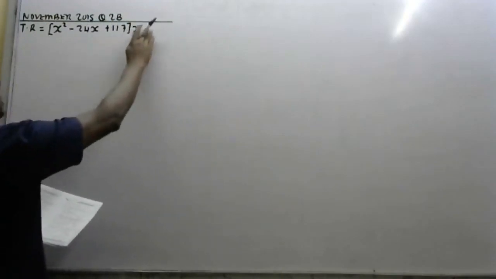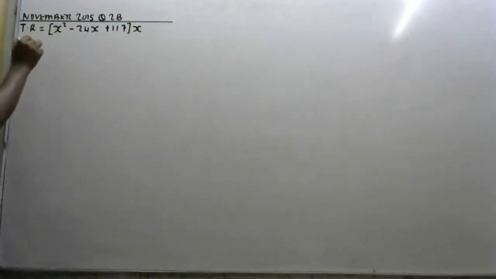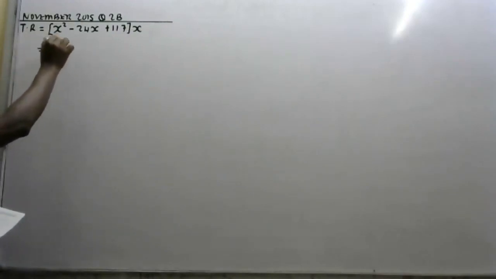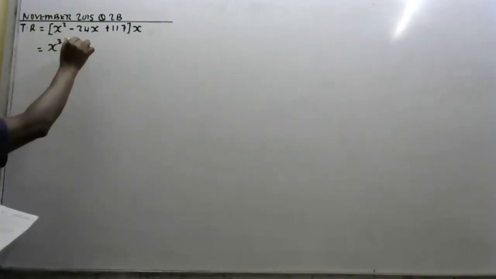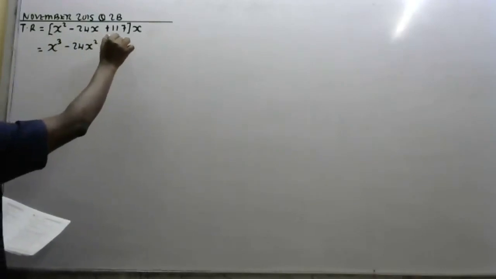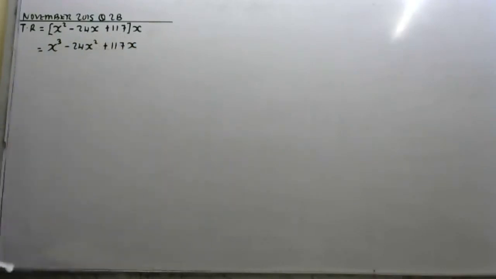When you multiply by x, you get x cubed minus 24x squared plus 117x. That is the revenue.